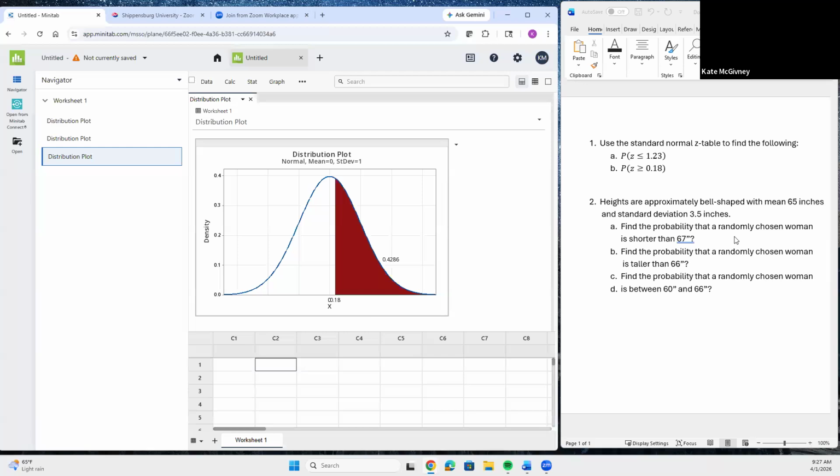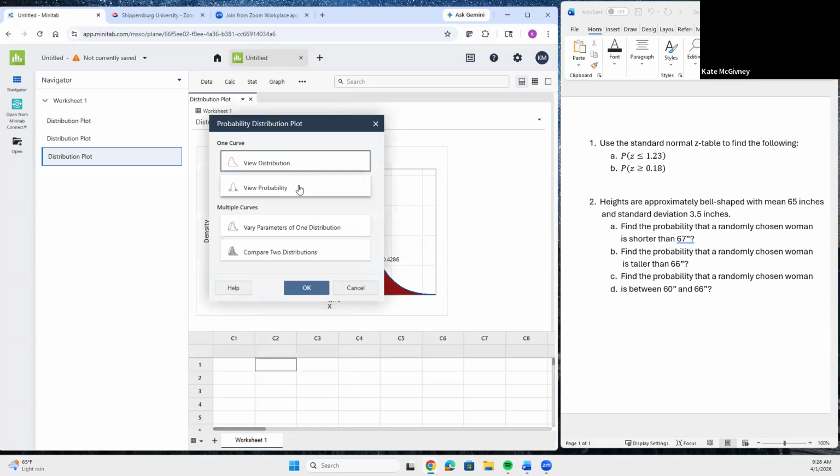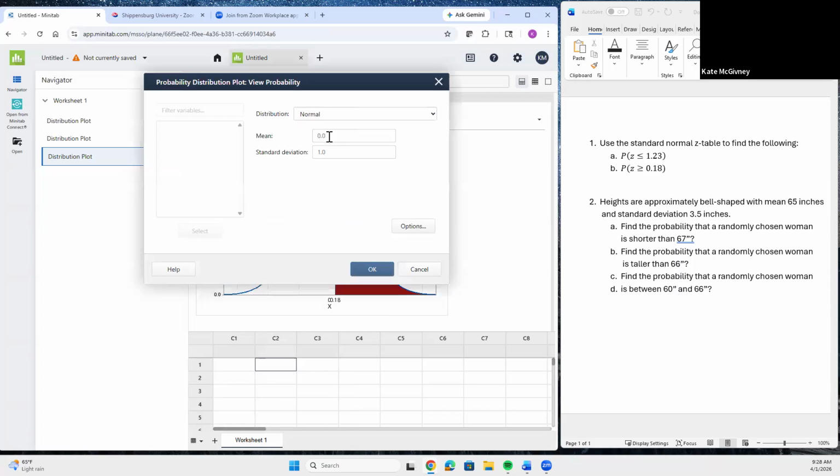All right, so let's look at some other problems. Suppose we're told that heights have a normal distribution, or are bell-shaped, with mean 65 and standard deviation of 3.5. Let's go to the probability distribution plot, view probability again, click OK. Now our mean is 65 inches and the standard deviation is 3.5 inches.